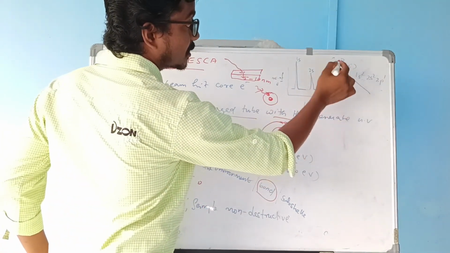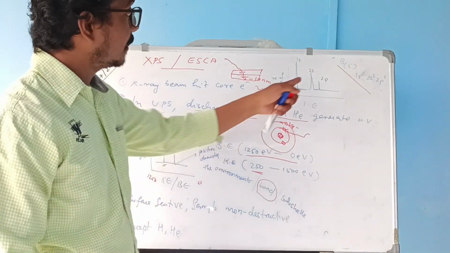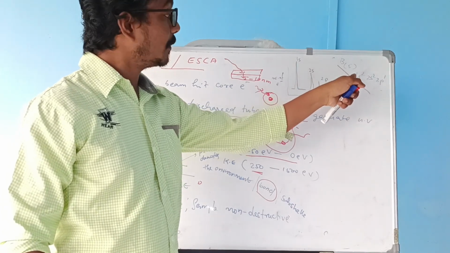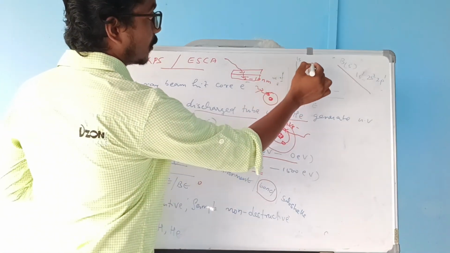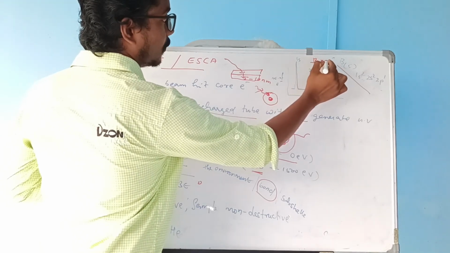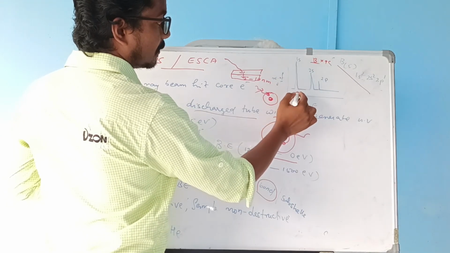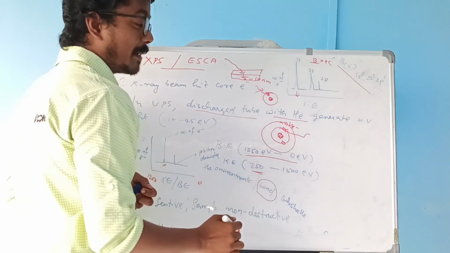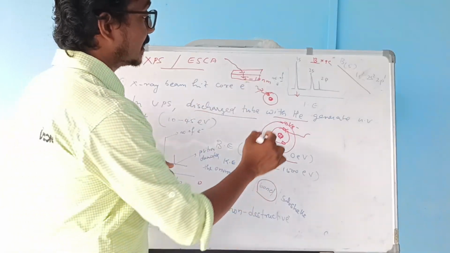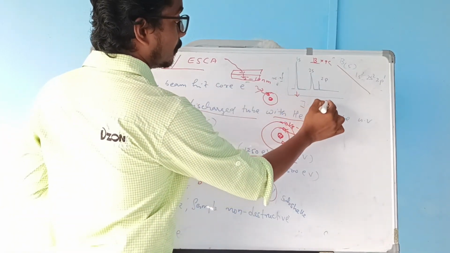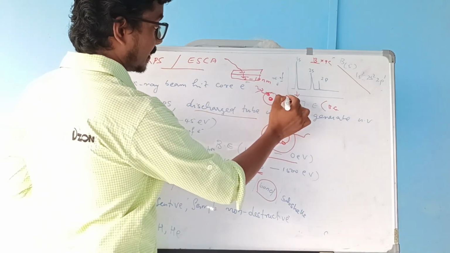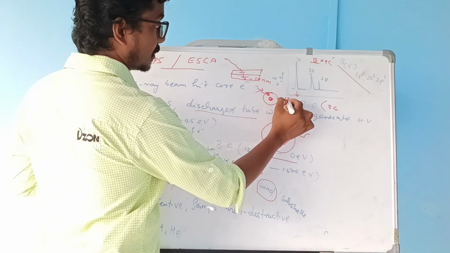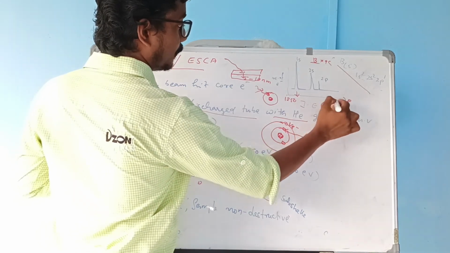Let us consider an example. If we take the XPS of boron, which has atomic number 5, with configuration 1s2, 2s2, 2p1. The XPS spectrum of boron will be like this. The 1s peak comes here, because the energy required to remove it, the ionization or binding energy, is represented from 1250 to 0.